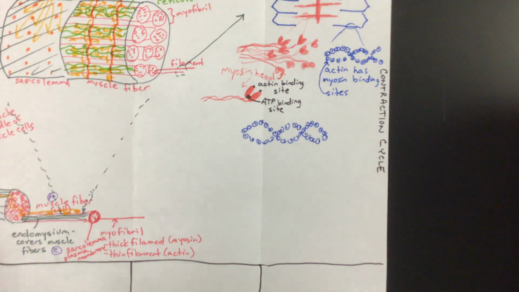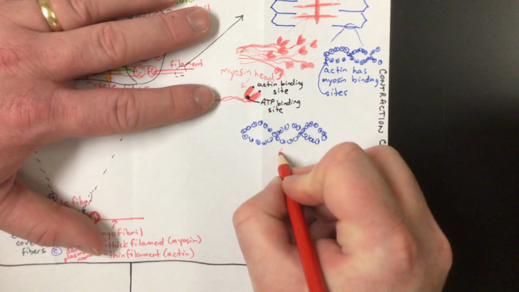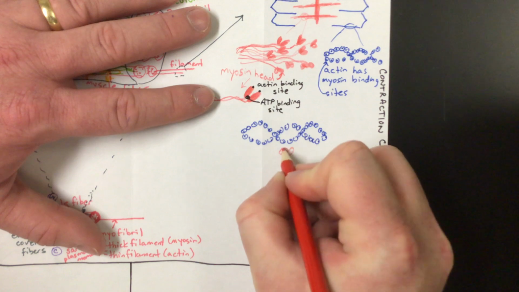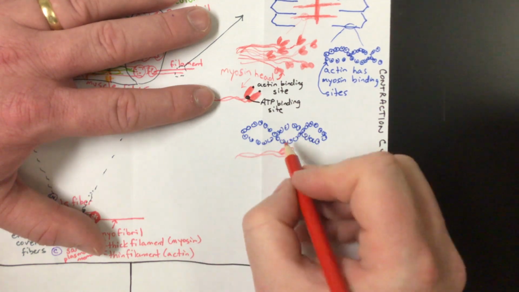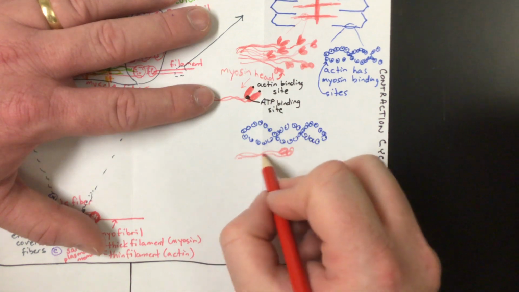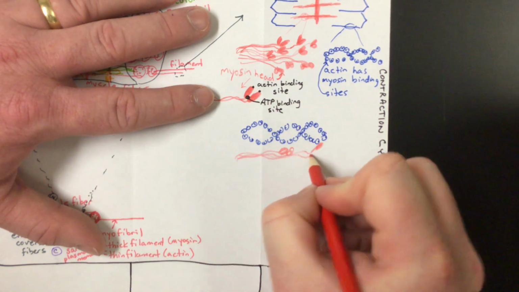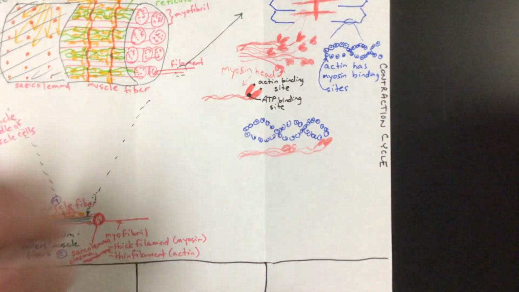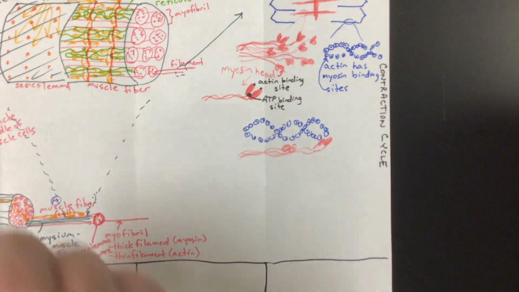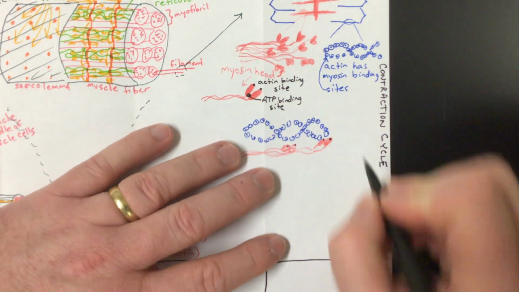And let's draw some myosin heads that are going to want to bind those actin binding sites. And we'll take it easy with the myosin heads. We'll just draw two myosins with each having two heads. And here's those actin binding sites.